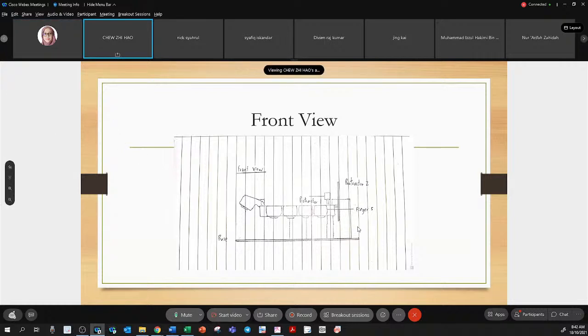So right now, how do you connect it? Ni protect sensor tu. Ni flex sensor sebab kalau dekat kat front view dia nampak macam tu je.